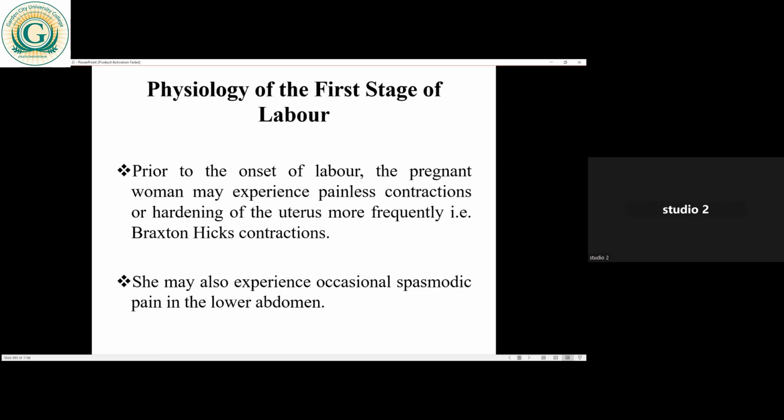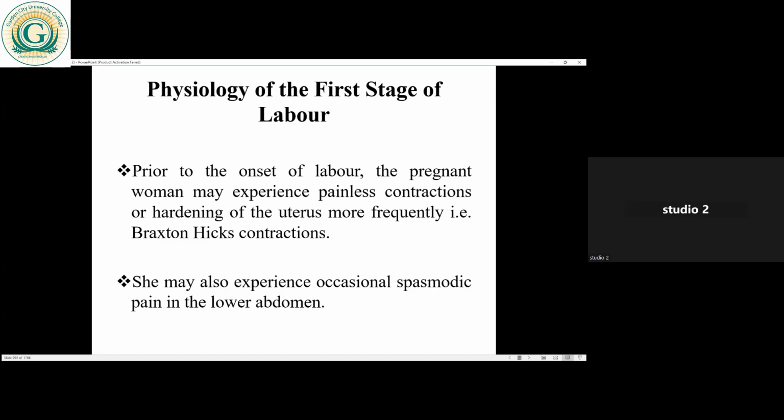The first stage starts as soon as the woman complains of pain, and then you do your vaginal examination and it's opened, and show has come, and the cervix is taken up, then the first stage has begun, until the os which has opened is fully dilated. Second stage is full dilatation of the cervix until the baby is delivered. When the baby is delivered, you wait to deliver the placenta. That is the third stage.